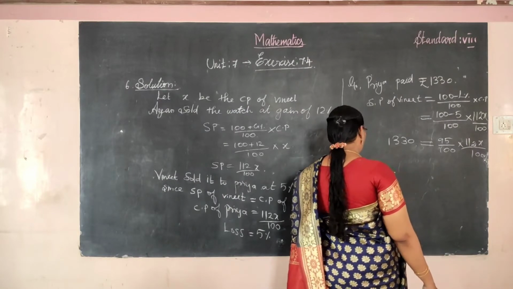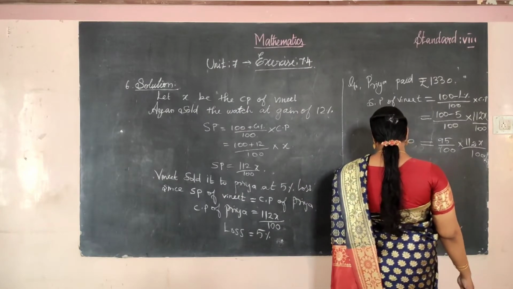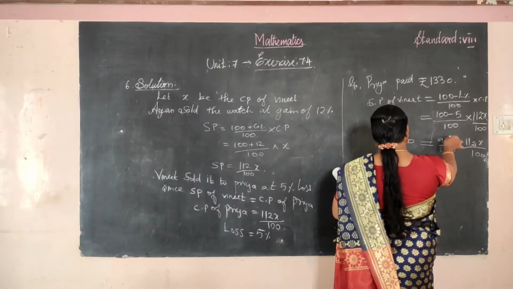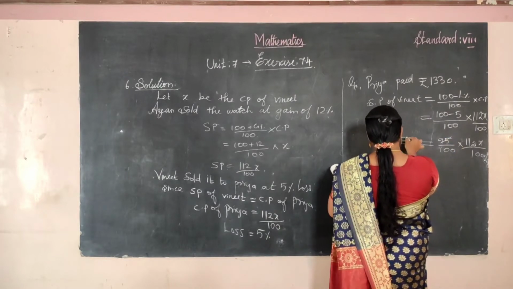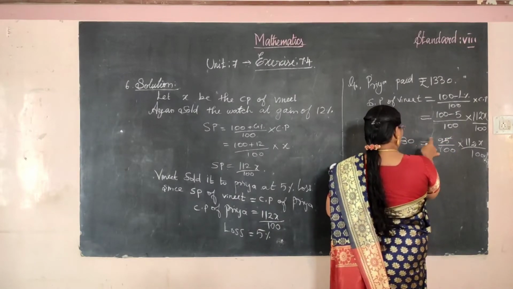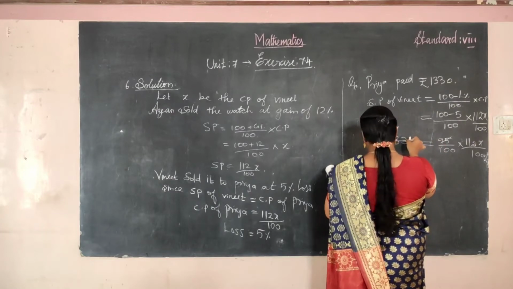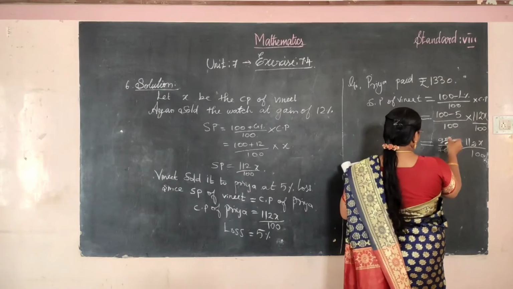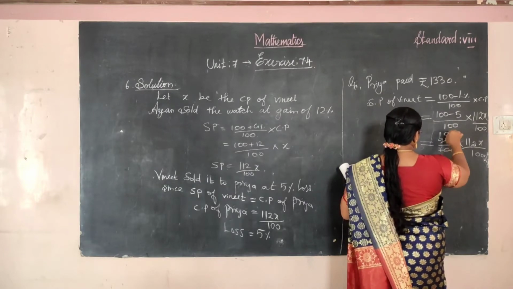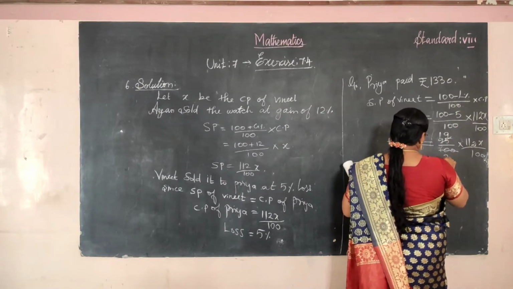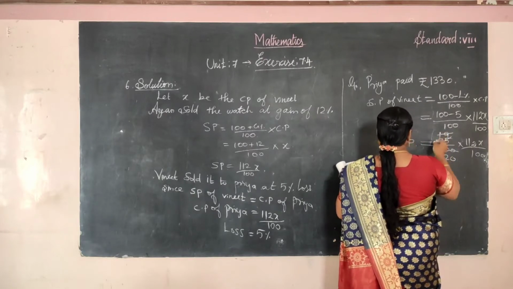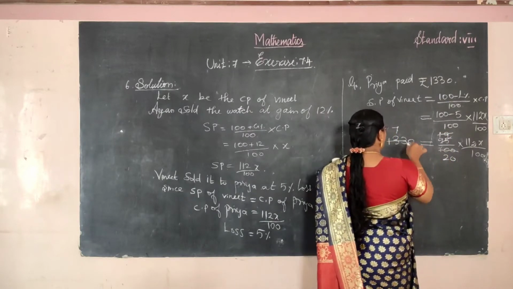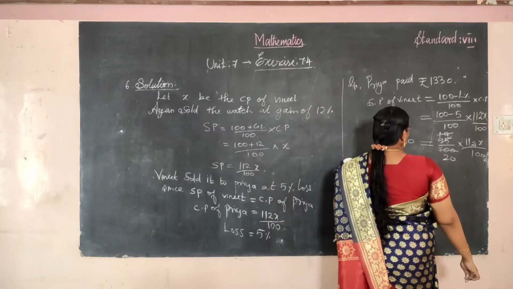Right. Now simplify. 95 sevens are, okay, first we simplify. 19 sevens are 133, add 0.